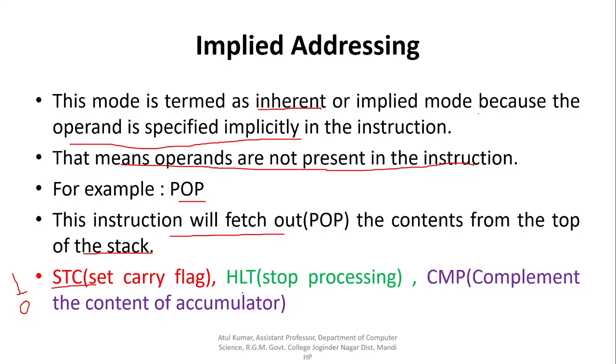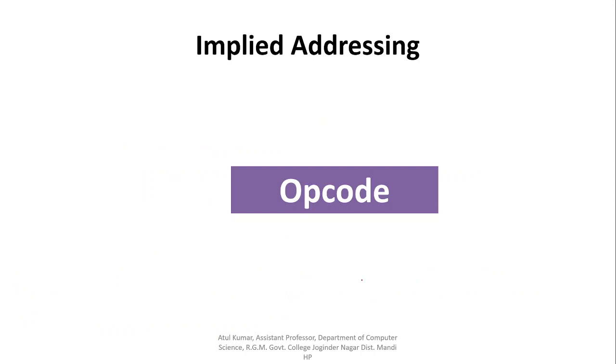Another implied addressing instruction is HLT, halt, which means to stop the processing of the instruction. The next implied example is CMP. CMP means complement the content of the accumulator. This is the representation of implied addressing, in which we have only the opcode, and the operand is not actually present in the instruction.